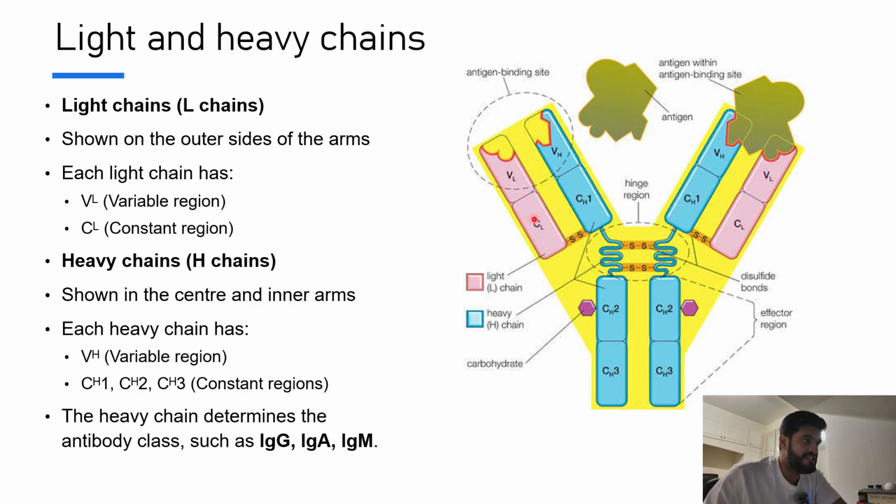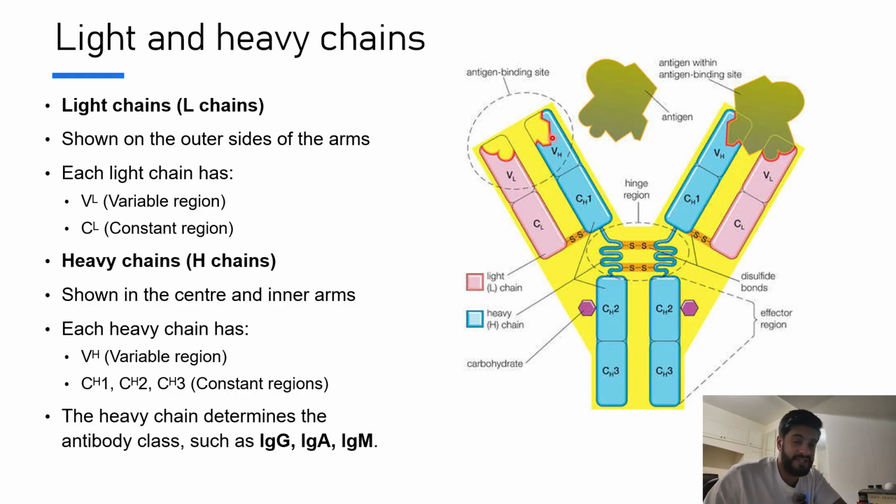Now, the light chain and the heavy chains. Each light chain consists of 1 variable light chain and 1 constant light chain, as you can see in the pink color here. And each heavy chain consists of 1 variable element and 3 constant elements.